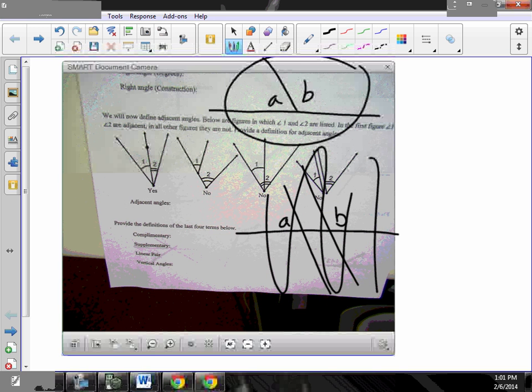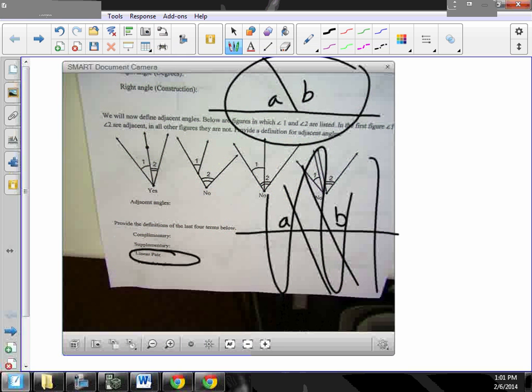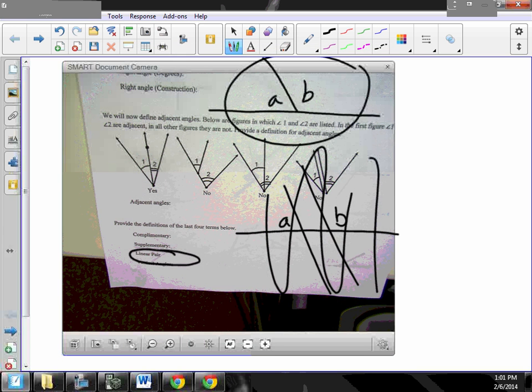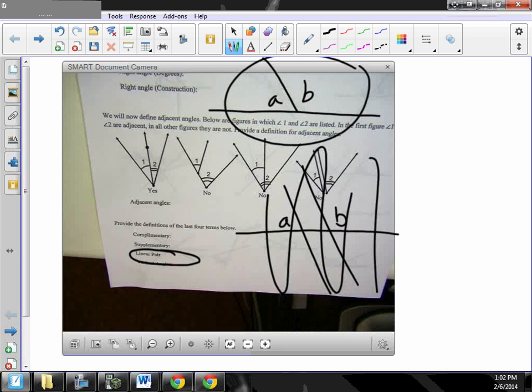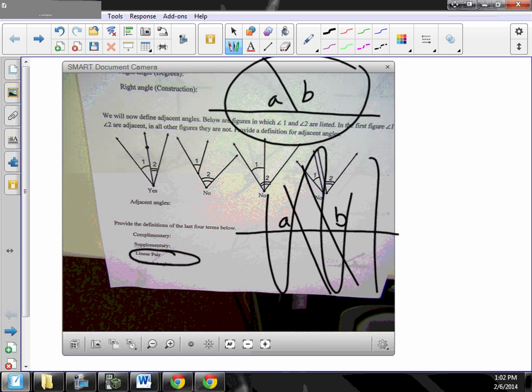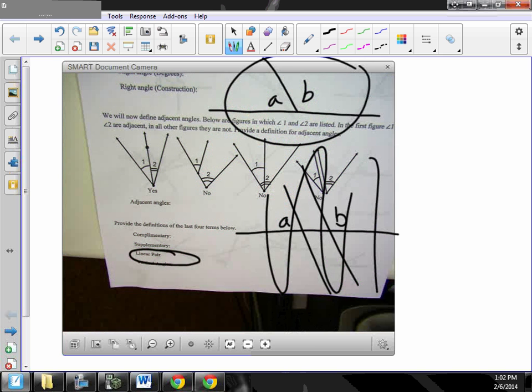Linear pair. The next one on the list. So, linear pair is a set of angles that add to be, don't write this down, a set of angles that add to be 180 that are also adjacent. There's an easier way to say that. Adjacent supplementary angles. Yep.